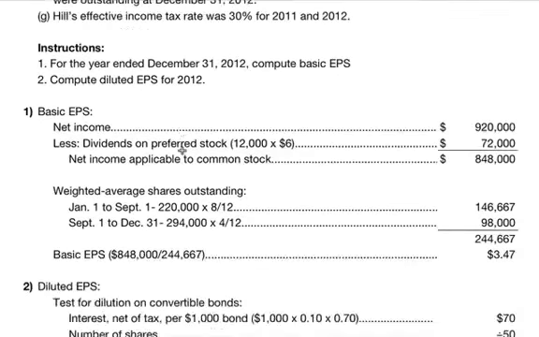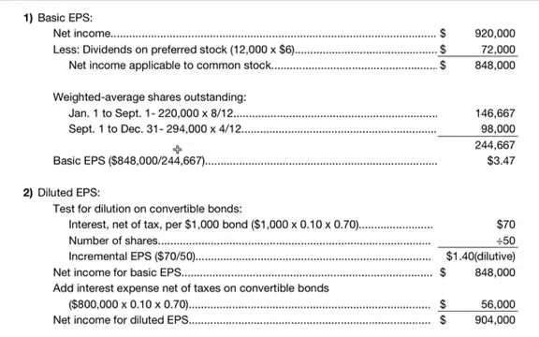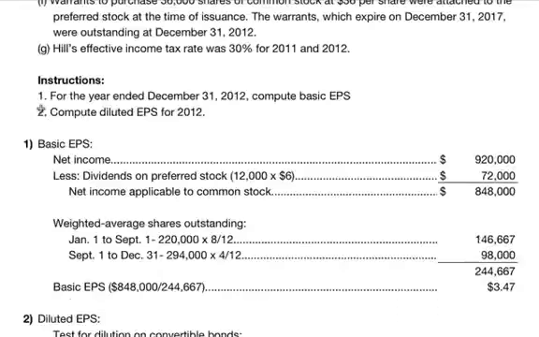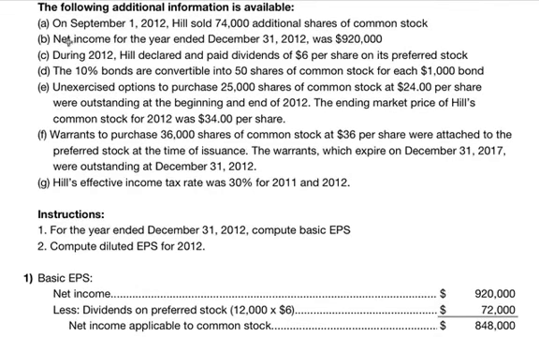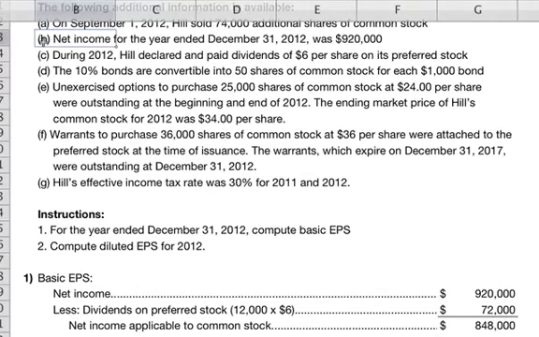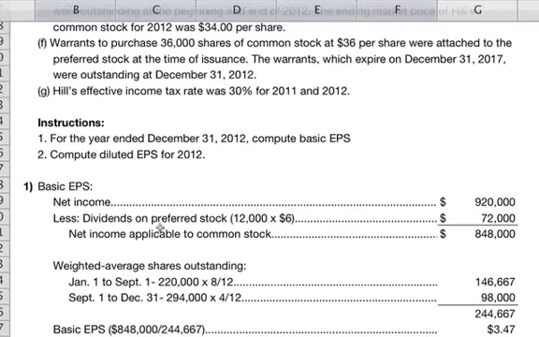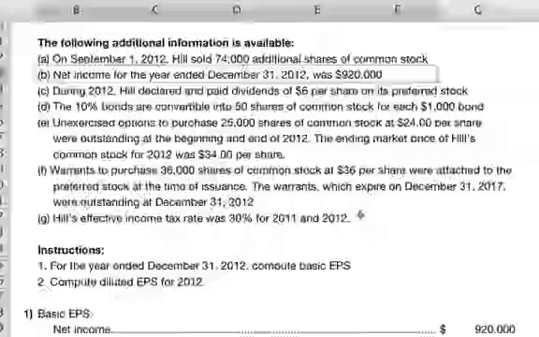So, for basic earnings per share, these are our numbers. Net income of $920,000. You get that from this right here. Dividends on preferred stock, you have 12,000 shares times $6.